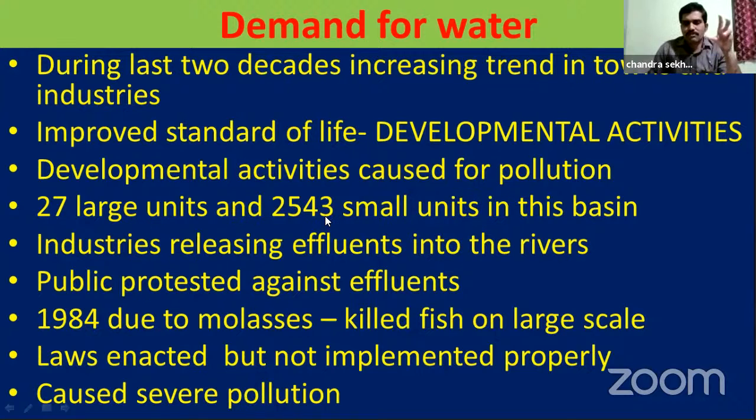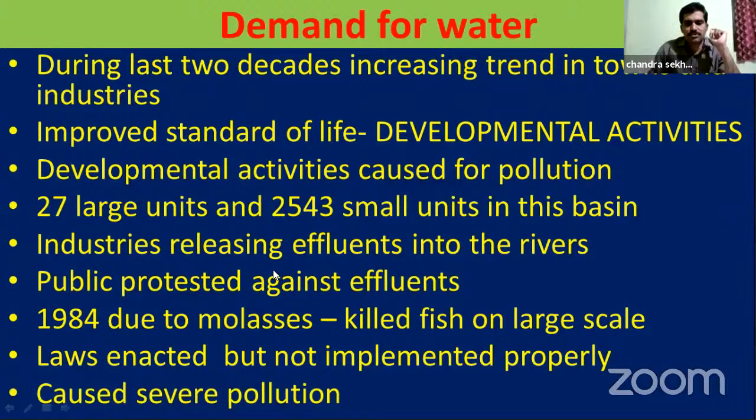In that river basin or catchment area, there are 27 large industrial units and 2543 small units. These industries release effluents into the rivers. In many regions, the public protested against effluents released into the rivers by industries. In 1984, molasses killed fish on a large scale in this river basin.